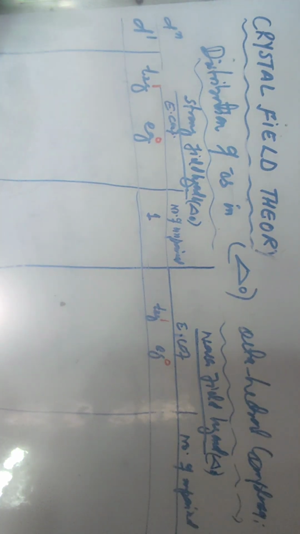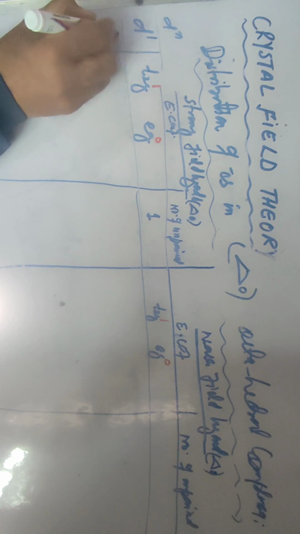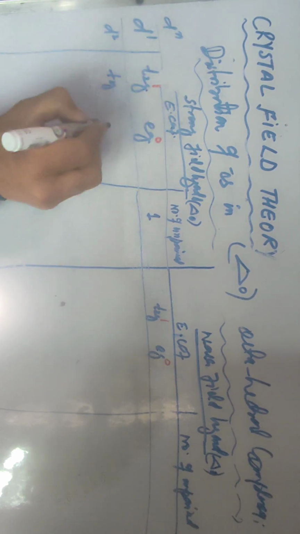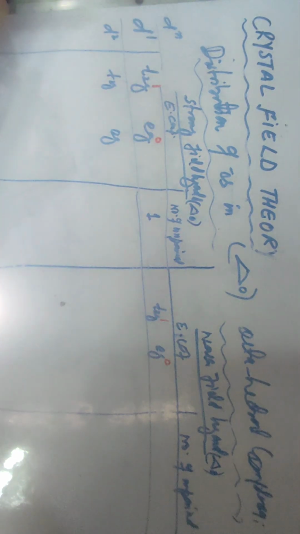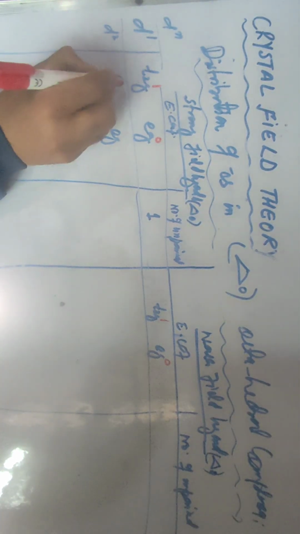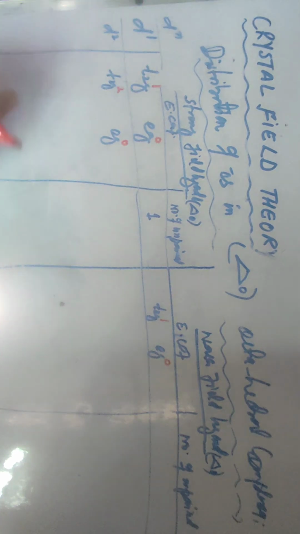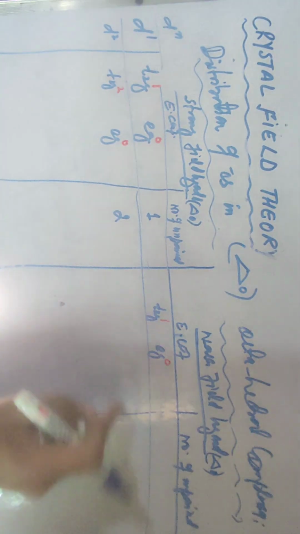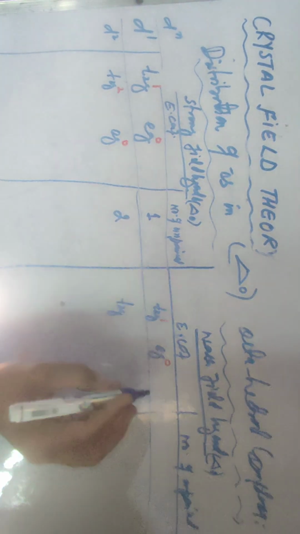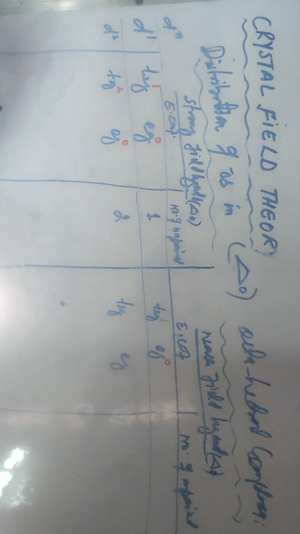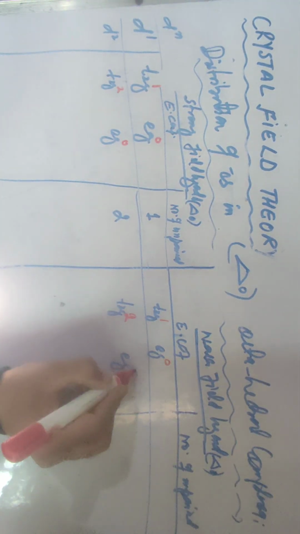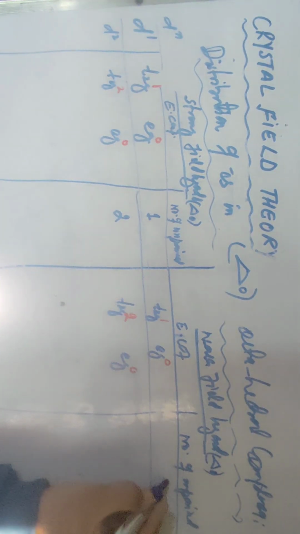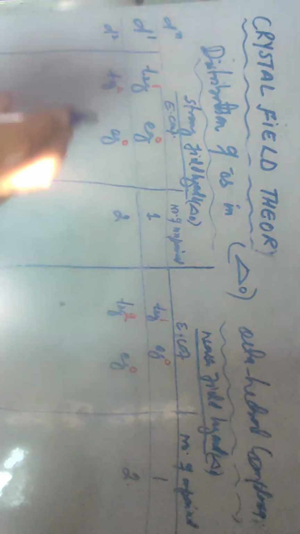But if we have a d2 ion, we have t2g and eg, but both electrons will be in t2g, and we have 0 in eg. The number of unpaired electrons will be 2. Now if we have a weak ligand, which will not prefer pairing, again we have 2 electrons in t2g and 0 in eg. The number of unpaired electrons in the first case is 2, and in the second case it is also 2, so it is the same.